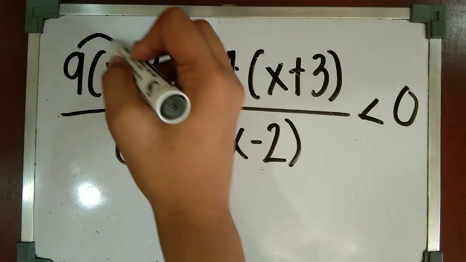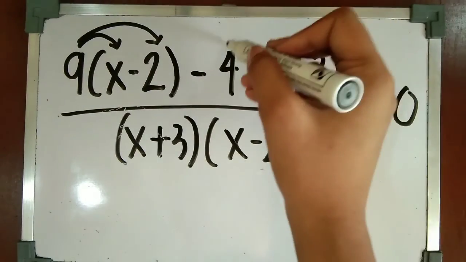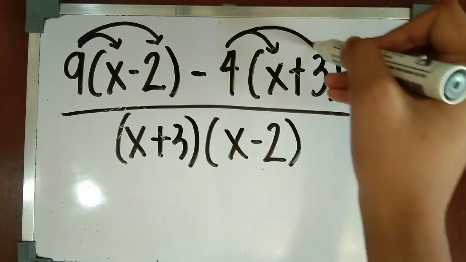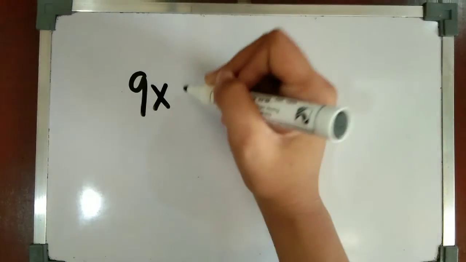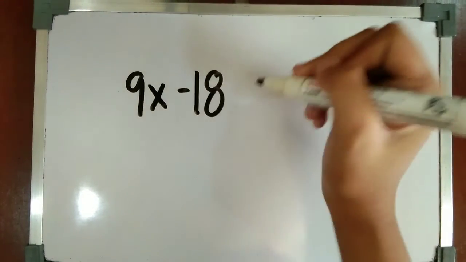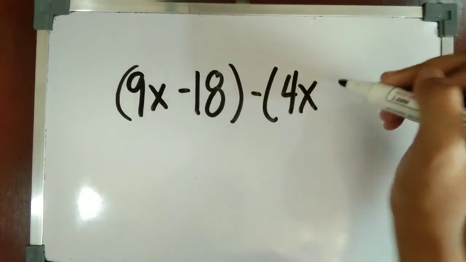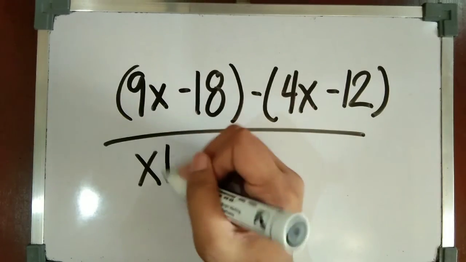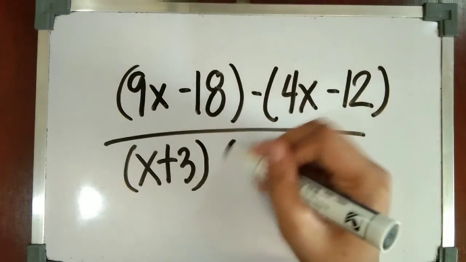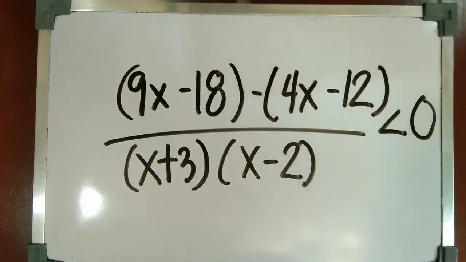Distribute 9 to x minus 2 and 4 to x plus 3. It will be 9x minus 18 minus the quantity of 4x minus 12 over x plus 3 times the quantity of x minus 2, less than 0.